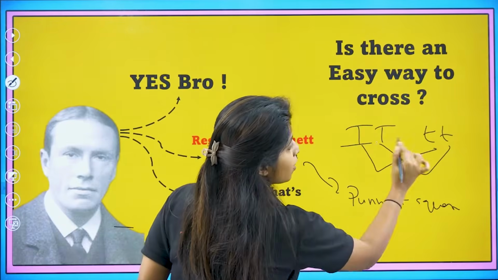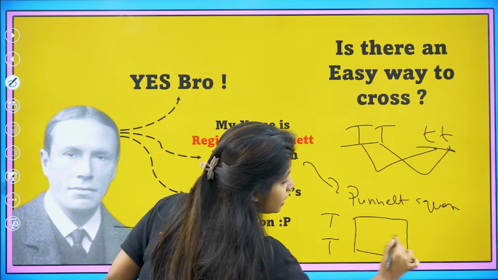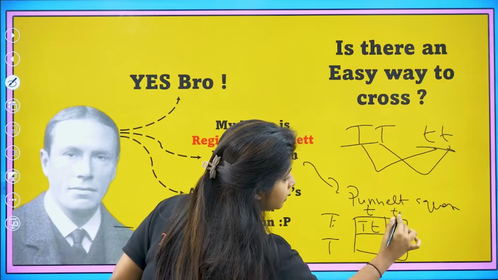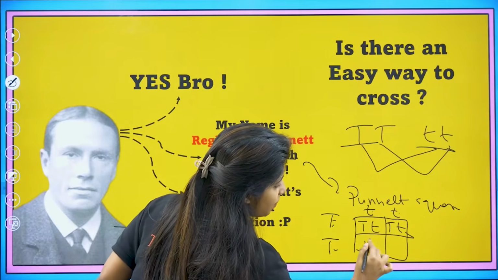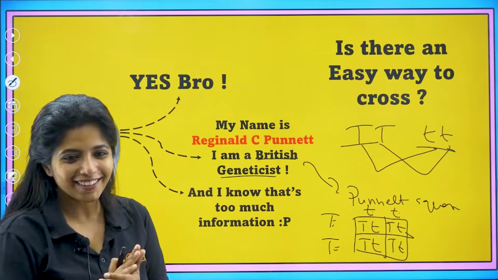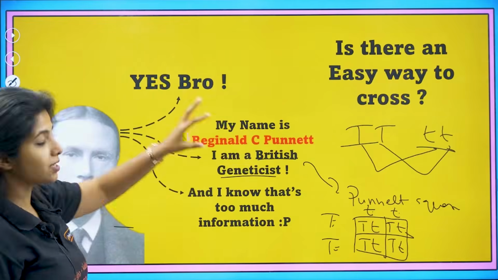Whenever you want to cross something, you put capital T on one side and small t on the other, and then you cross them: capital T, small t in each box. This is how you do the math. This was put down by Reginald C. Punnett, a British geneticist.